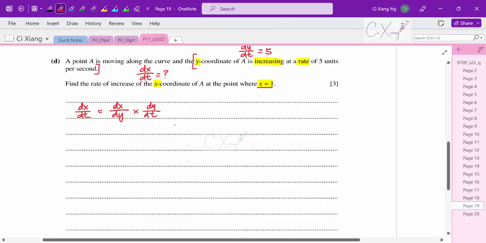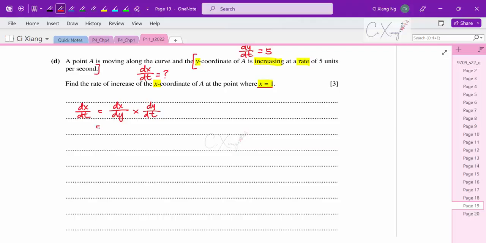Okay, then next, I want to substitute dx dy into the equation. I need to look at the dy dx that I have first. For dy dx, I have 2x power 3 plus 2 over x squared. To make our calculation easier for dx dy later, I need to combine these two terms into one fraction.